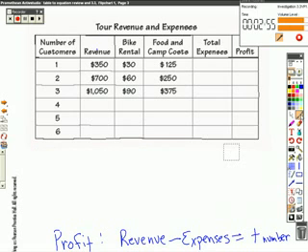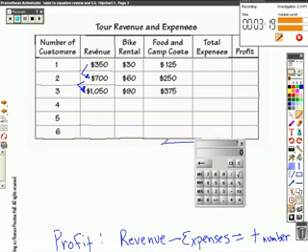So in our investigation, what they ask us to do is to extend the table that's in the book, which is already extended up there, and fill in the table for customers 1 through 6. First we'll start with revenue. What we have to do is find the pattern. Let me get my calculator.